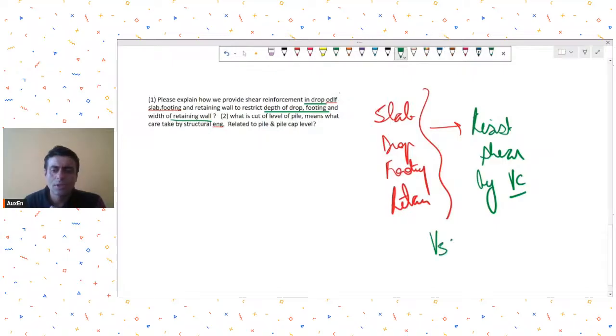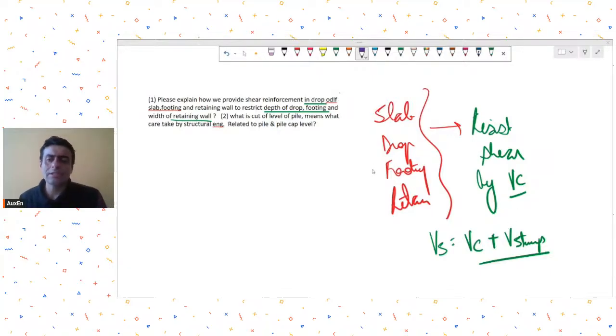In normal conditions, the total shear is taken by concrete plus stirrups. So if you're designing a beam, the total shear would be taken by concrete and stirrups both. In case of elements like slabs, drops, footings, retaining walls, or even walls in your tanks and liquid retaining structures, we try to resist the shear by VC alone.